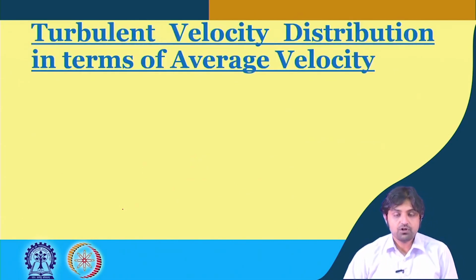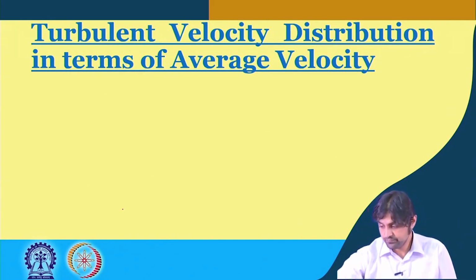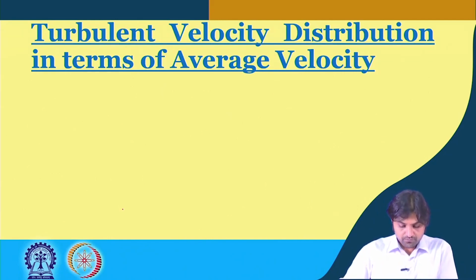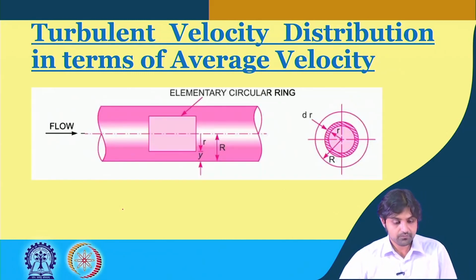Now we are going to talk about turbulent velocity distribution in terms of average velocity. So there is a flow and there is an elementary circular ring here, as you can see.